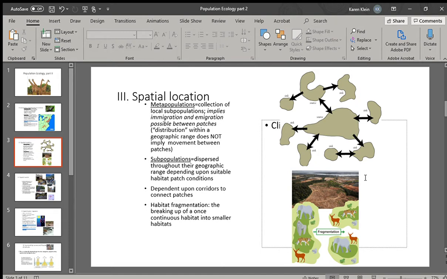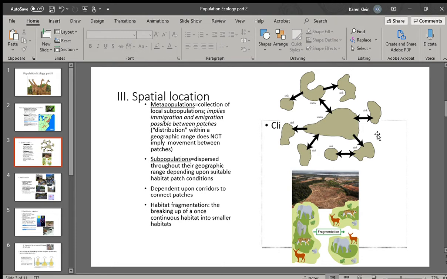The difference between distribution and the metapopulation and subpopulation construct you see right here is that in distribution, it's where the individuals are found, pockets of populations, but you're not implying that there's migration from one patch to another.